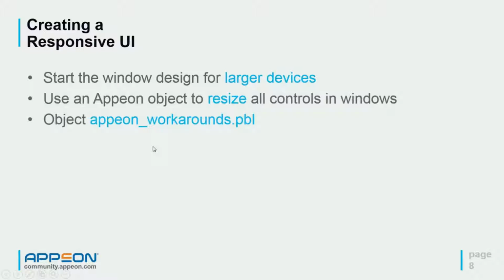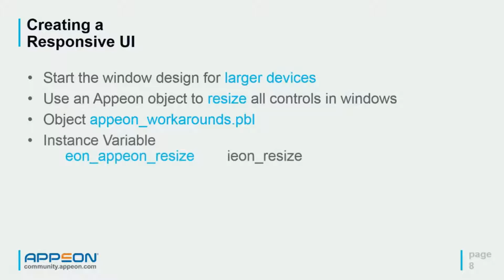When you install Appeon, it provides you this library, Appeon workarounds. In this library, you have this object, Appeon resize. If you're familiar with PFC, PowerBuilder Foundation Classes, and worked with it in the past, you know that PFC has this mechanism to resize all objects in your applications.